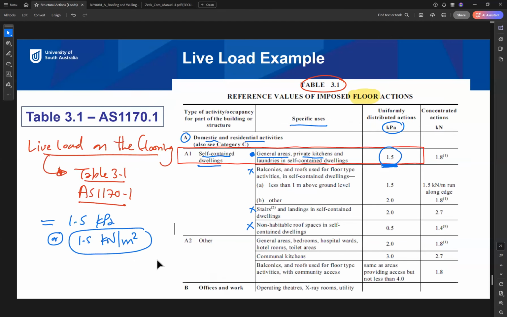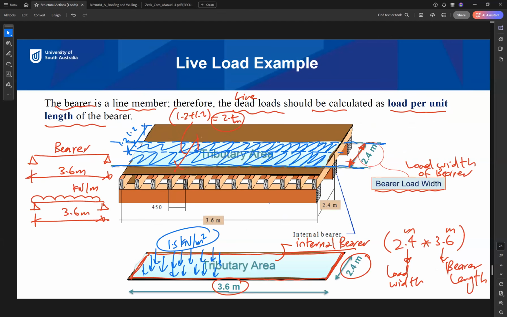So here, this live load is distributed over the whole area. Okay, so we need to convert it to a line load here. To convert it to a line load, we need to multiply by the width.